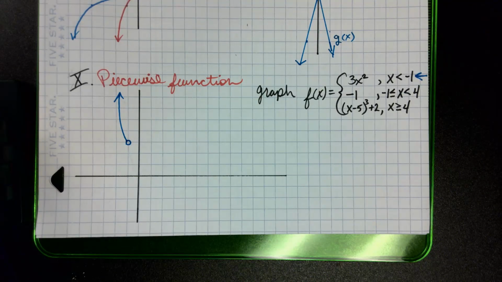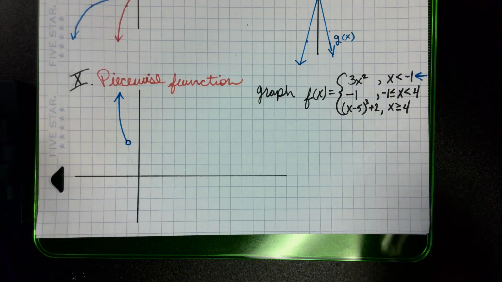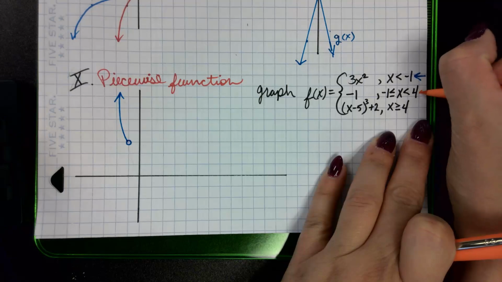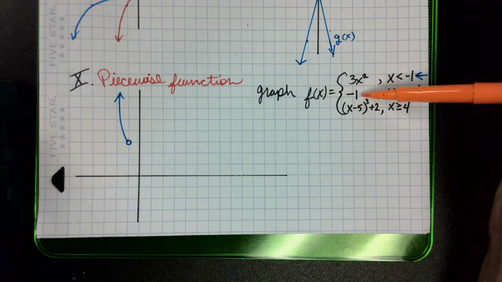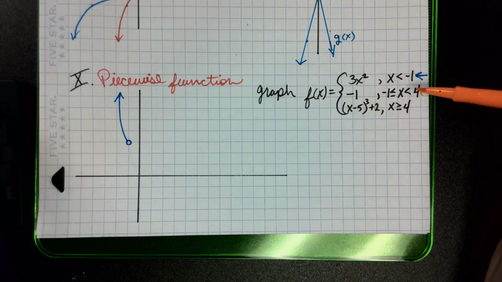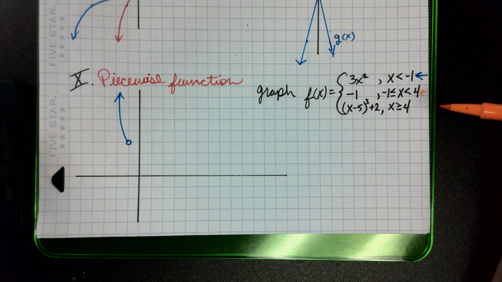And then the second one is f of x equals negative 1 from negative 1 to 4. For the x values negative 1 to 4.